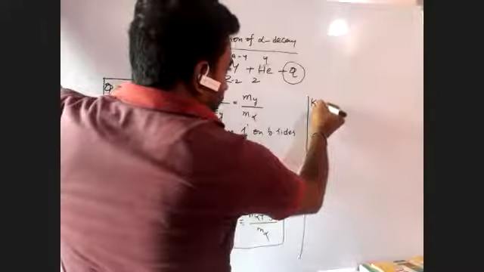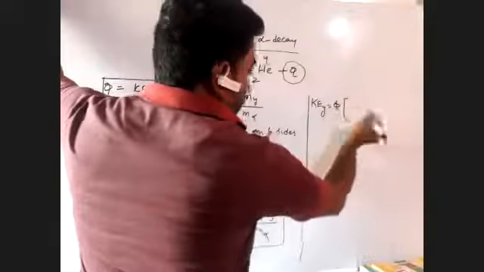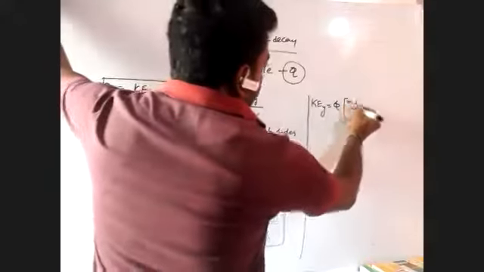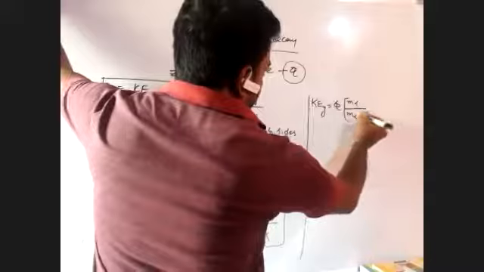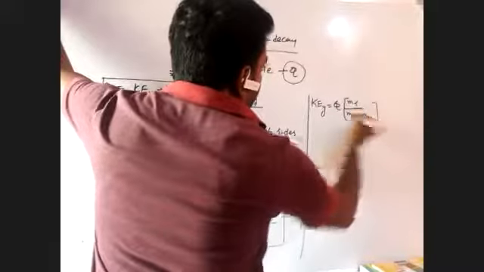So from this, the kinetic energy of Y is equal to, by cross multiplication, Q, the total energy, into M alpha by M alpha plus M Y. This is one formula.